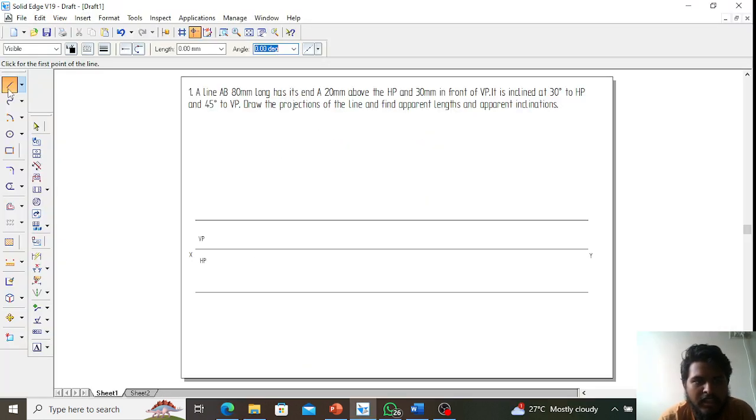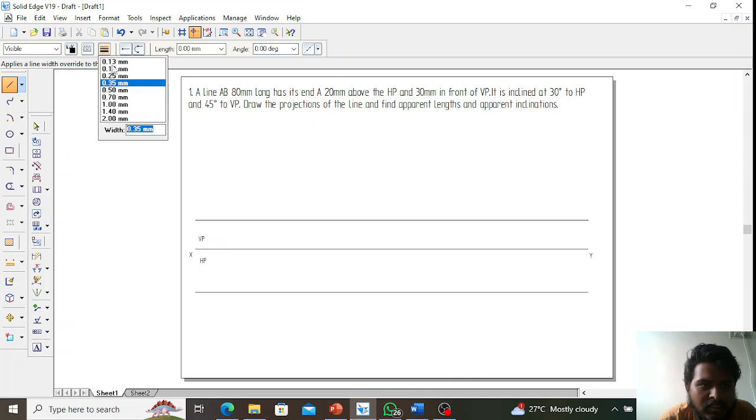Now I will select the line and change the thickness to 0.50 mm and draw a reference line.